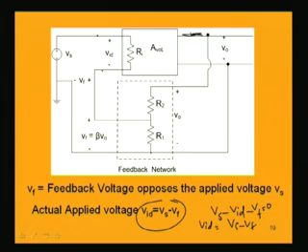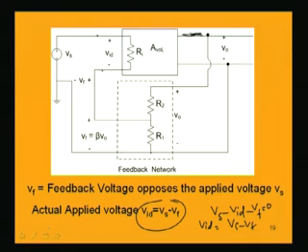This is the reason why this feedback is called negative feedback, because the feedback voltage is negatively added to the input. The actual applied voltage is Vs minus Vf, where Vf is coming from the feedback part.